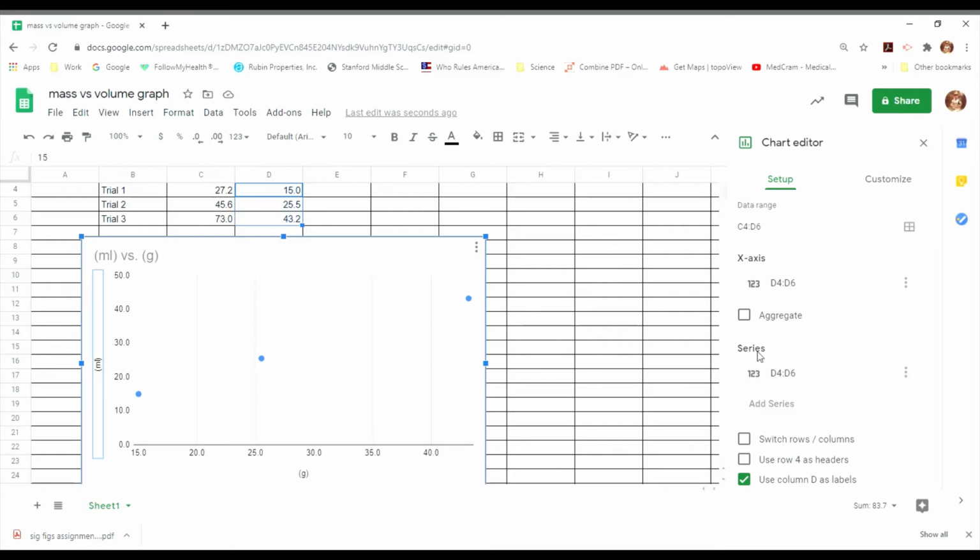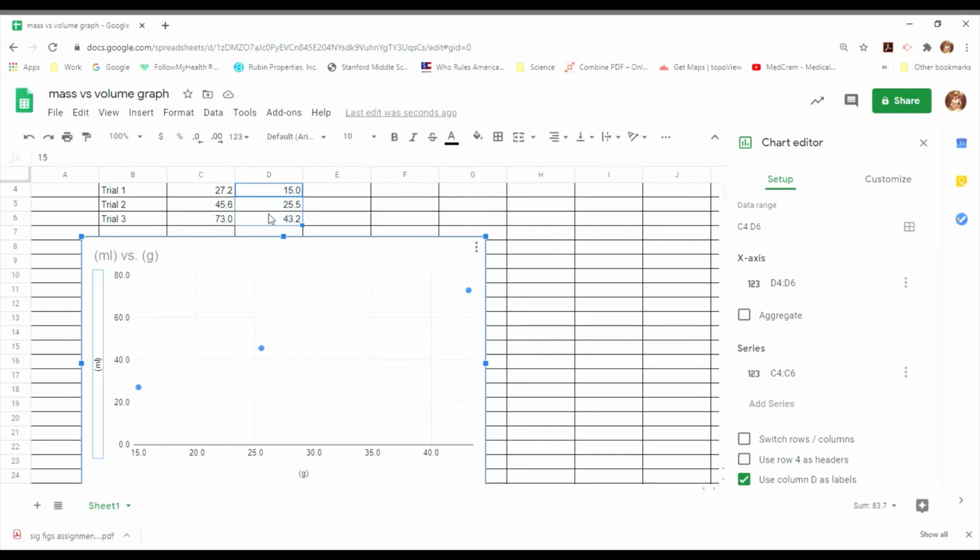You can actually do 3, 4, 5 lines here, different things. Usually that's just one line. For the series right here, we want mass to be on our y-axis, and mass is in C4 to C6. So we're going to click on that. Okay, so the x-axis, you can have D4 to D6, or wherever you might start your table.